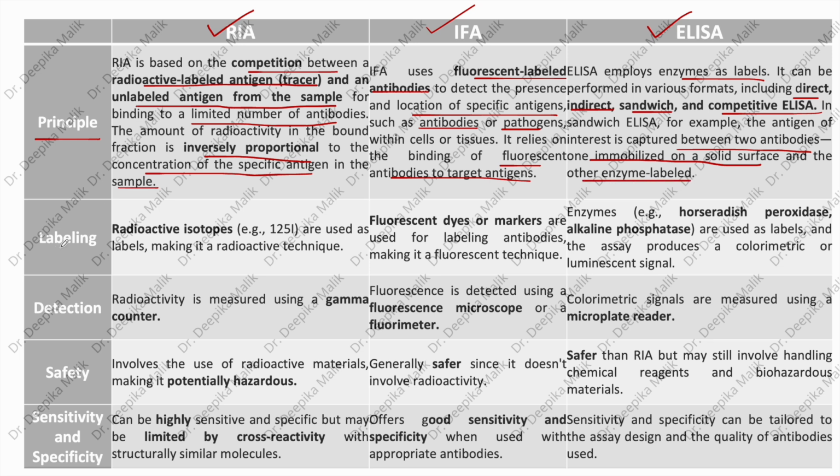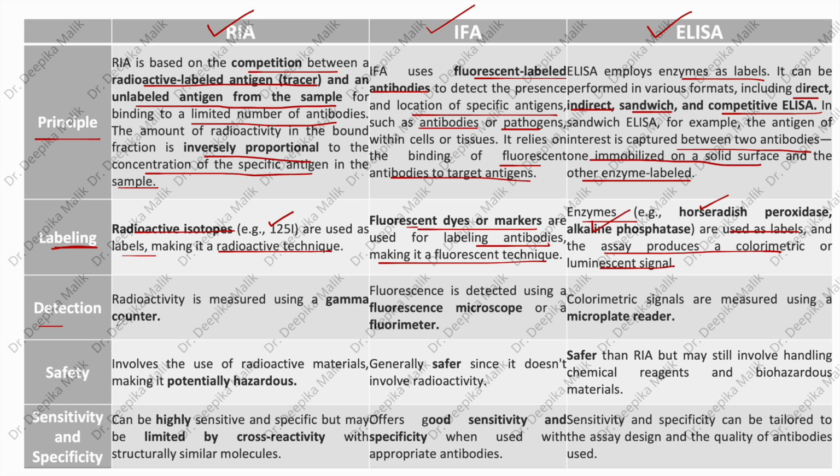Labeling: in radioimmunoassay, radioactive isotopes, for example I-125 iodine, are used as labels, making it a radioactive technique. For immunofluorescent assay, fluorescent dyes or markers are used for labeling antibodies, making it a fluorescent technique. In ELISA, enzymes, for example horseradish peroxidase or alkaline phosphatase, are used as labels, and the assay produces a colorimetric or luminescent signal.